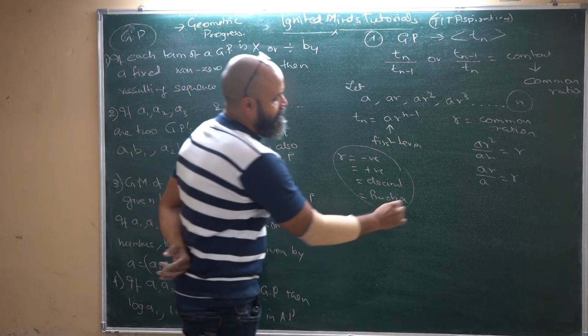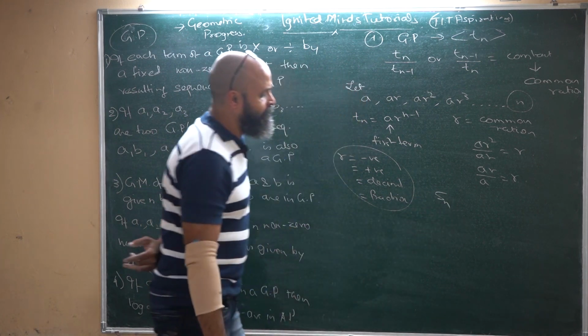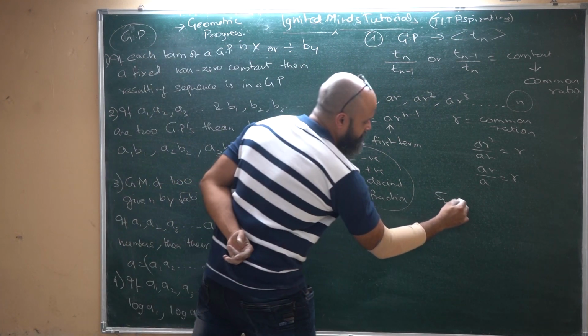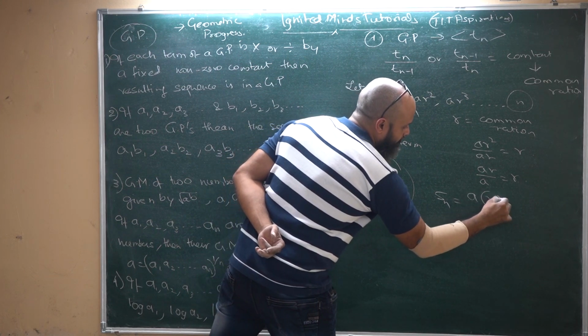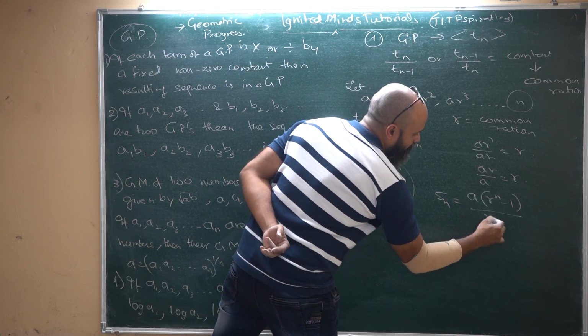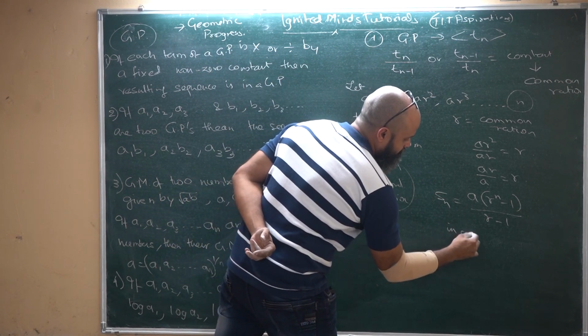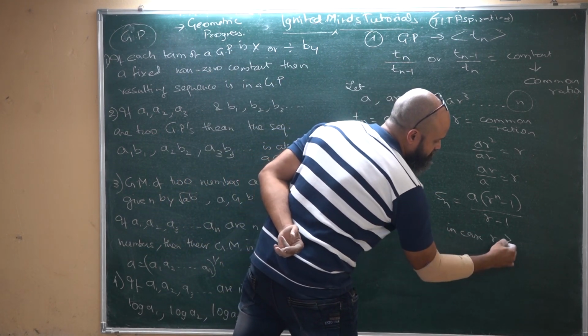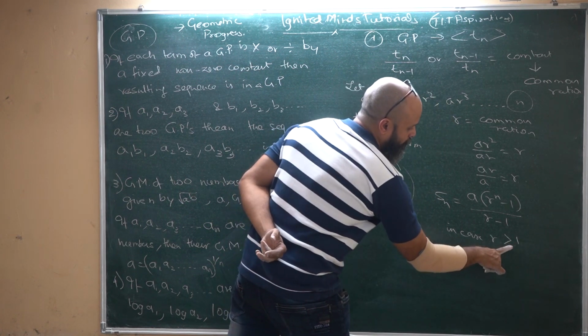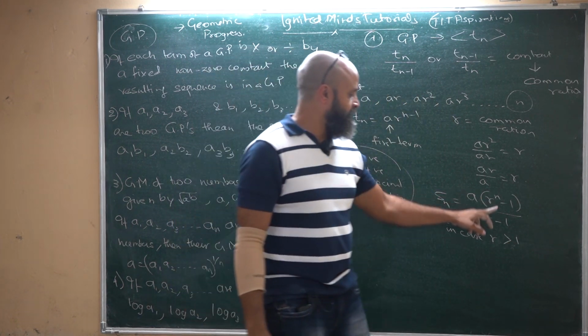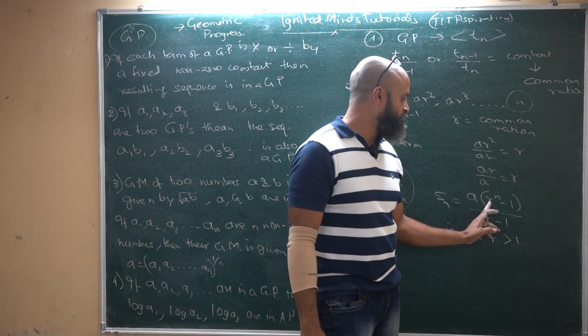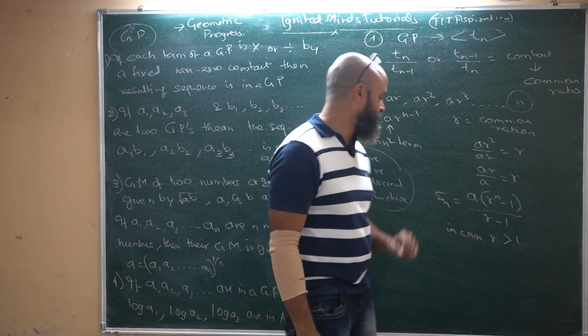Now, how do we calculate the sum of n terms of a GP? The formula is A(R^n - 1) upon (R - 1). This is in case the common ratio R is greater than 1.